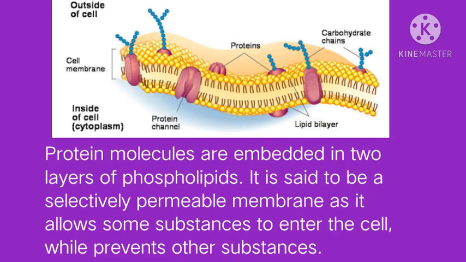Plasma membrane is said to be a selectively permeable membrane as it allows some substances to enter the cell while preventing other substances. Means only some useful substances are allowed to enter the cell. Therefore, this plasma membrane is called selectively permeable membrane.